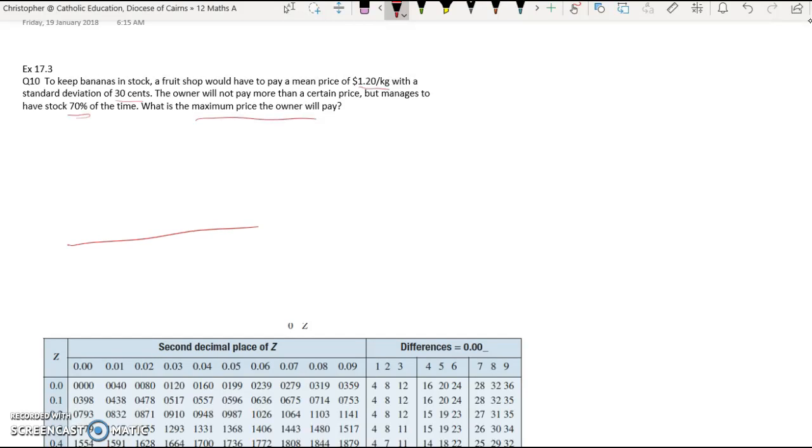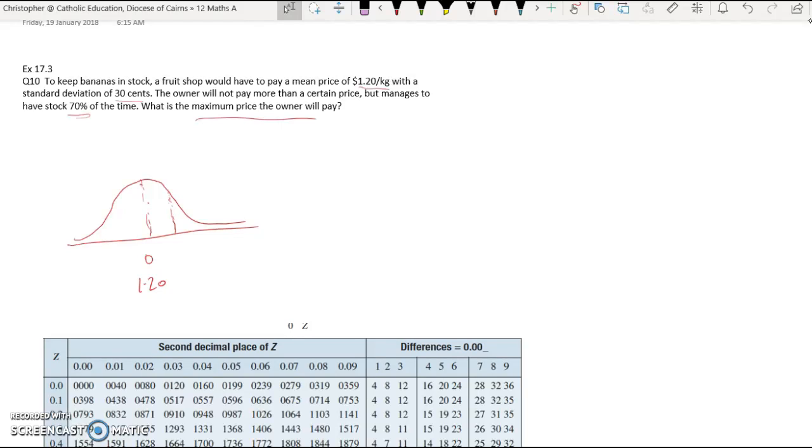Well, we've got to assume that this is normally distributed, which means that the mean, or zero standard deviations from the mean, would be $1.20. So the maximum price, we know that it's got to be up in here somewhere in terms of z-scores.